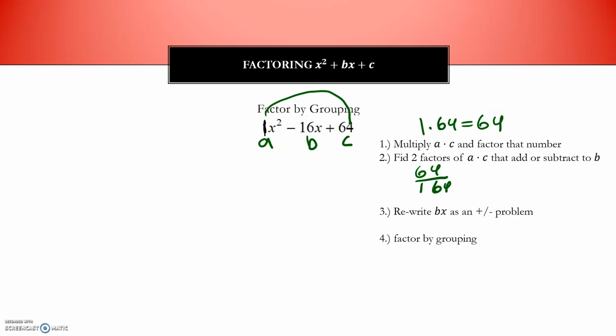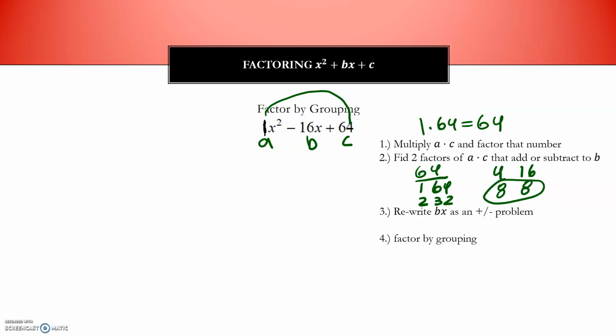So my factors are 1 and 64, 2 and 32, 4 and 16, not 5, not 6, not 7, but 8 and 8. 8 and 8 make 16, that's the pair I need.